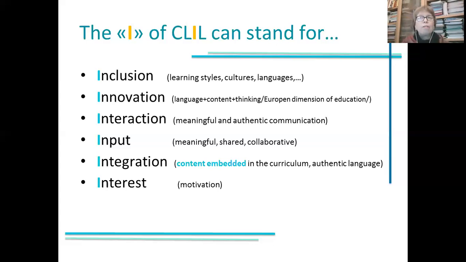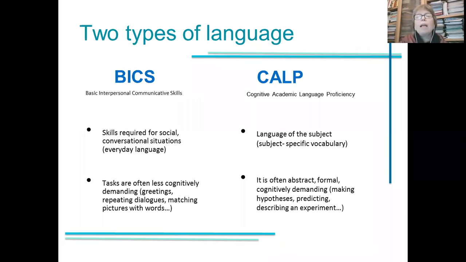Also students with language problems, with cognitive problems, very often, I have experienced in my 20 years of CLIL, they do better in a CLIL context than in a normal language class. And ICT, because also in CLIL, you have to use web tools and apps to support, again, content and language.